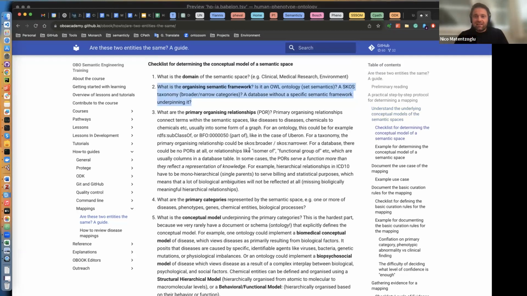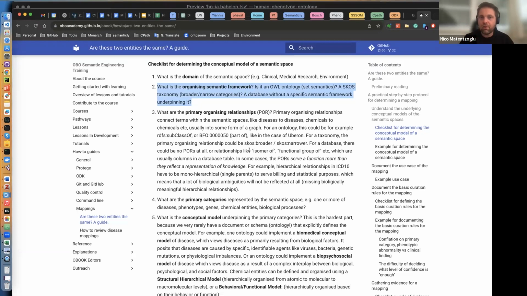Then one thing that is maybe not strictly necessary, but it helps a little bit later in the process as well, is to determine what I call the primary organizing relationship. As you know, these kinds of resources, even if they are not ontologies strictly speaking, like ICD, the International Classification of Diseases, or UMLS, and so on, they may not be like OWL ontologies in the very strict sense of the word, but they still can have a lot of different relationships between entities.